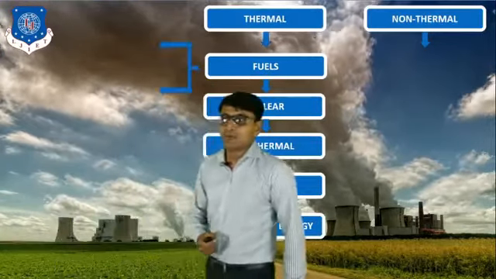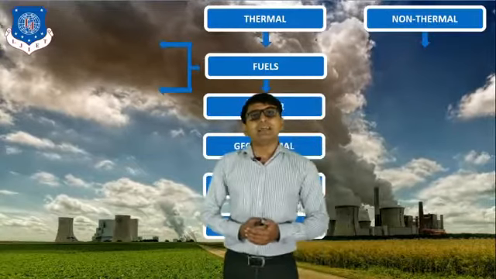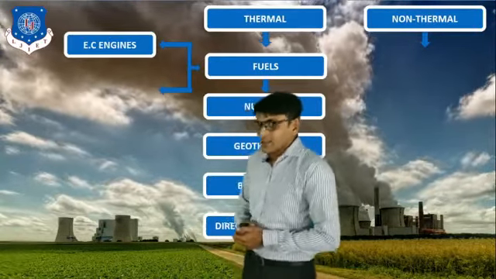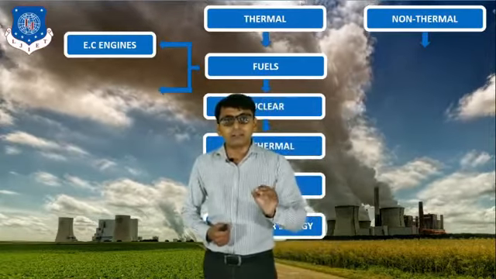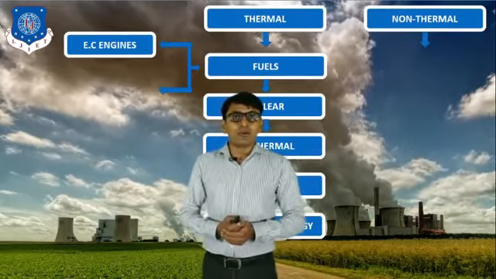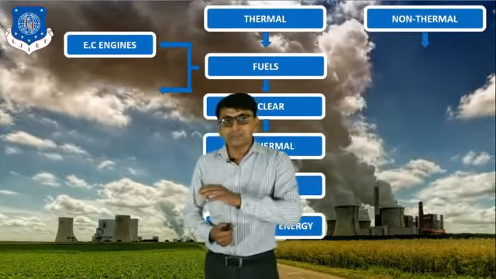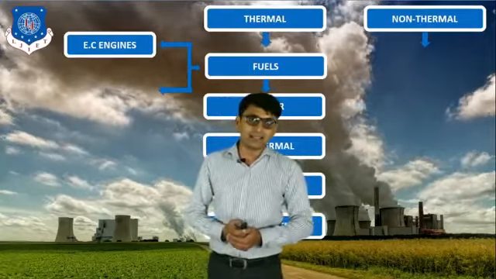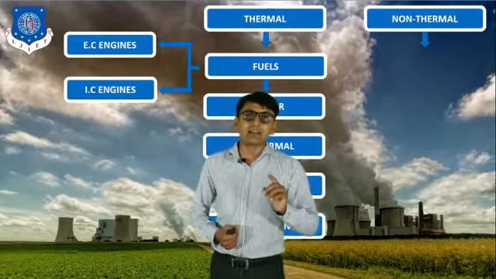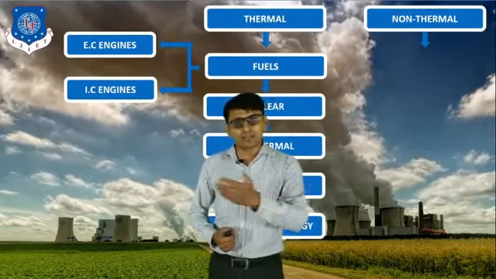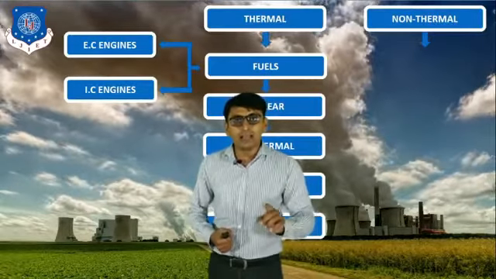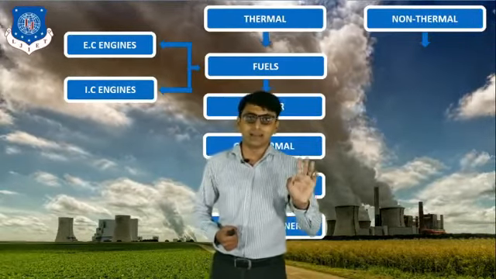Now this fuel group is also classified into two types. First, the EC engine, that is the external combustion engine, which uses steam to convert its energy into mechanical energy, and second, the IC engine, that is the internal combustion engine, 4-stroke, 2-stroke, which converts the chemical energy of fuel into mechanical energy.